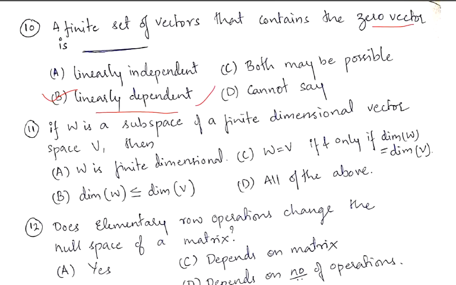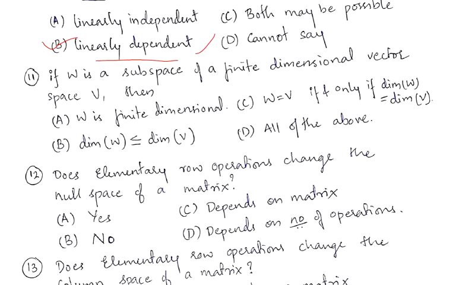Okay, coming to the 11th question. If W is a subspace of a finite dimensional vector space V, finite dimensional meaning Rn is finite, some value 1, 2, 3, 4, 5, 6, a countable value, then W is finite dimensional.